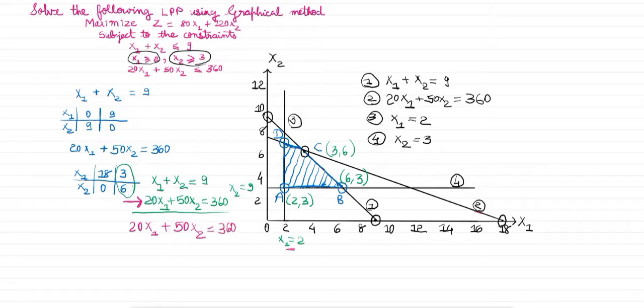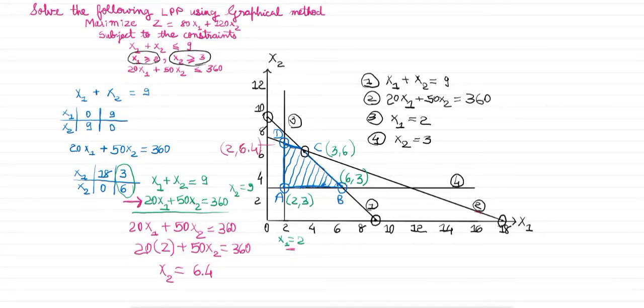Why we did this? Because for D, the two lines are number 2 and number 3. So that's why we found it like this. And here we have got it as 2, 6.4.